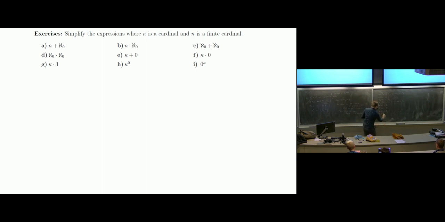Yes, okay, so this is the size of the set of functions from the empty set, which is the only set of size 0, to some set of size kappa. And how many such functions are there? There's 1. The empty function.